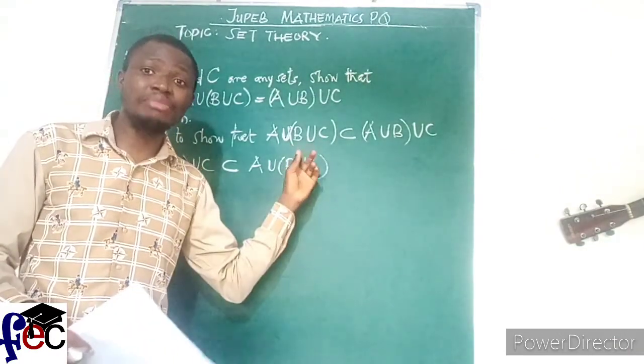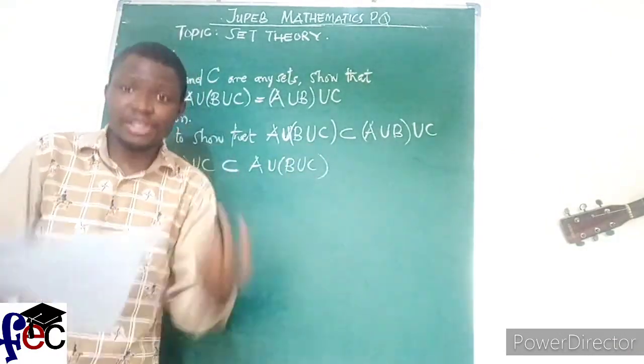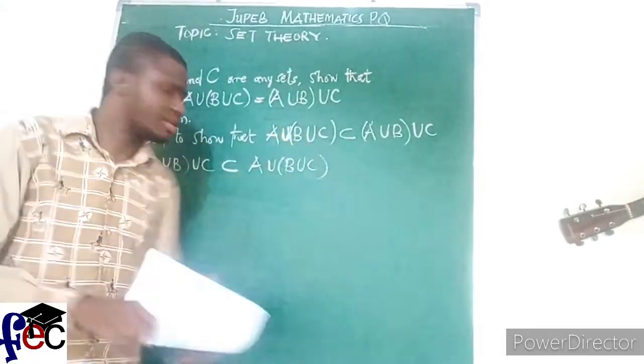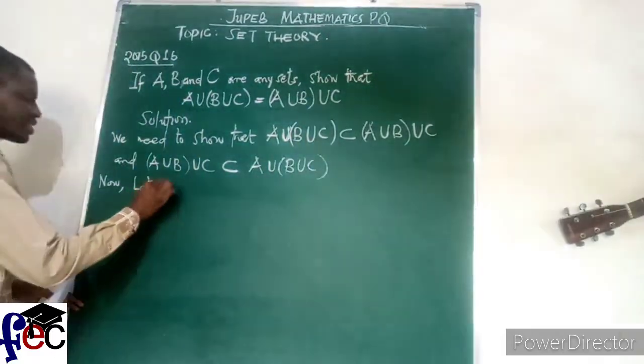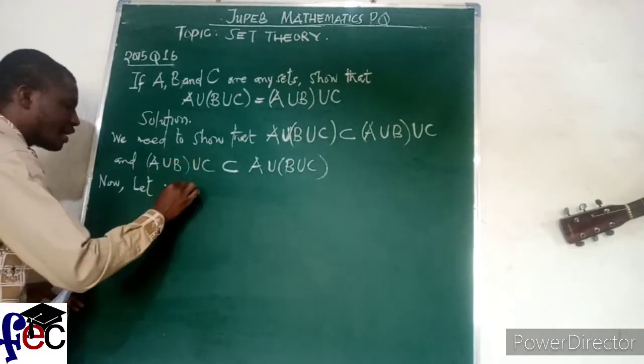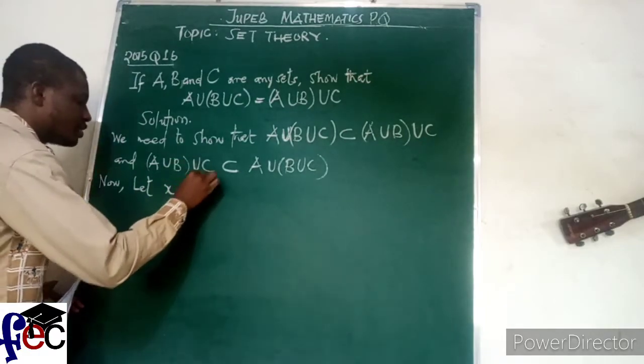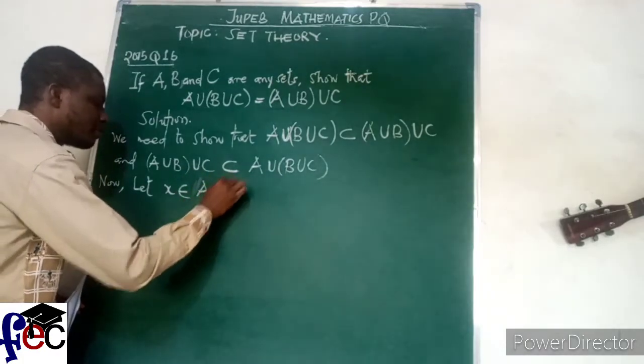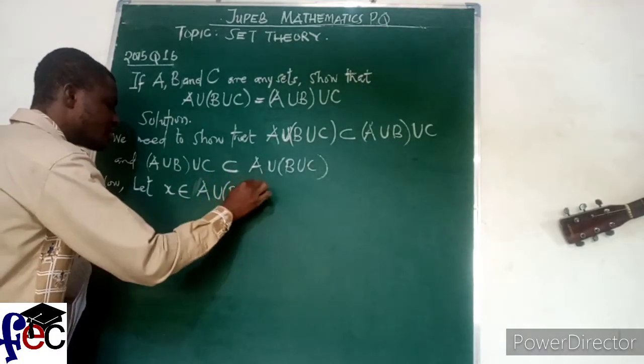If there are 20 elements, it means that the arbitrary element you pick can be any of the 20 elements inside this set. So now let x be a member of A union (B union C).